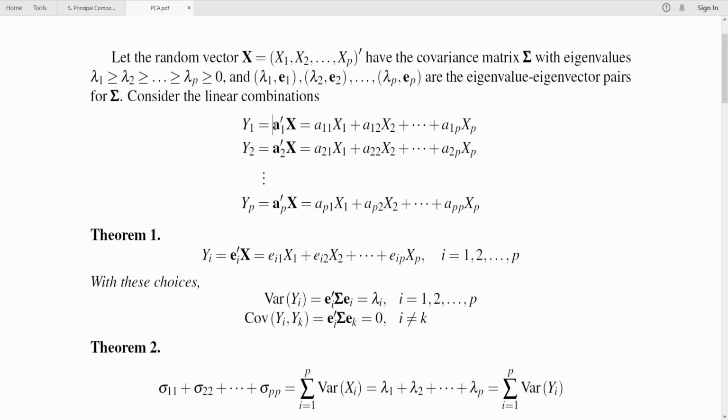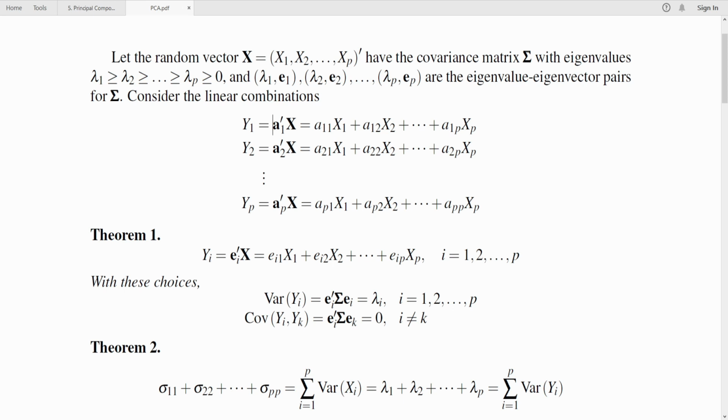As I mentioned, those vectors or those linear combinations are arbitrary for now, but instead we will consider vectors such that they have unit length. So the dot product of each of those with itself is 1. So A1 transposed A1 is equal to 1. So the length is 1.